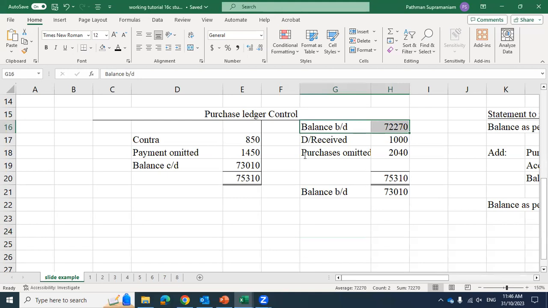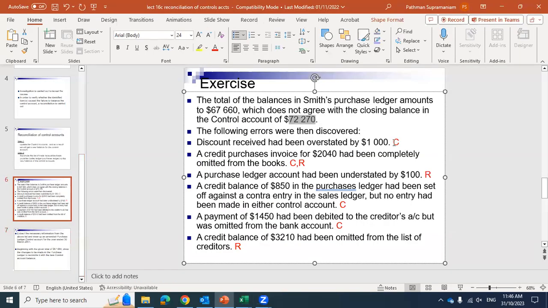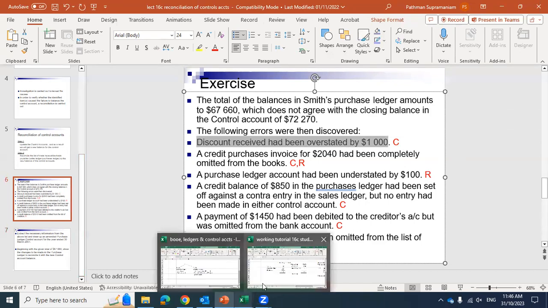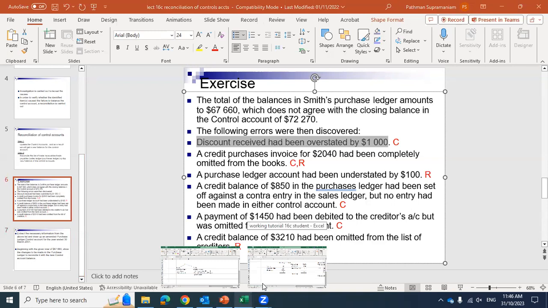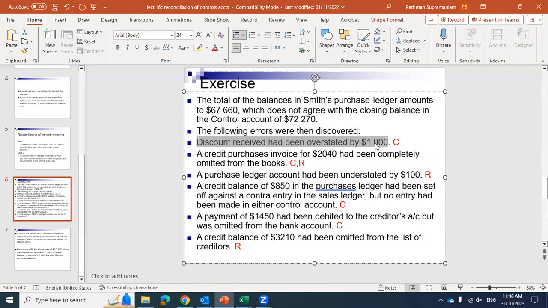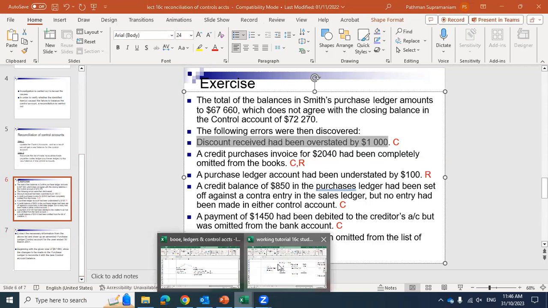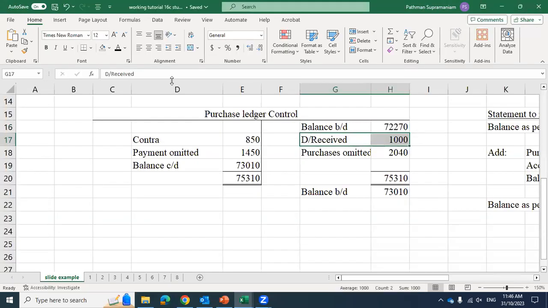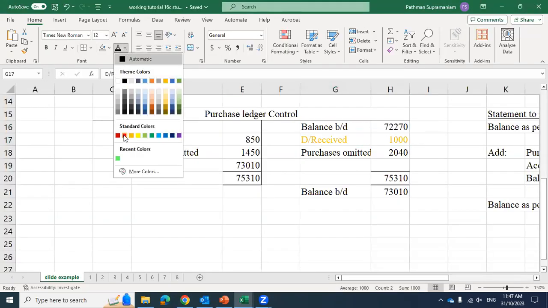Now, I'm going to pick up all the C items when I update the control account. So starting with this one, discount received had been overstated by 1,000. So discount received is something that we would record on the debit side of the trade payable, the purchase ledger control account. So this means that we have over debited by 1,000. Hence, we need to credit back the 1,000.